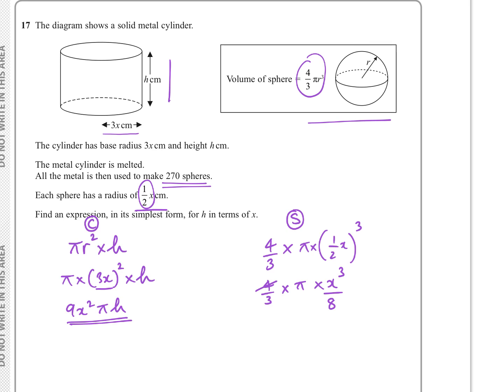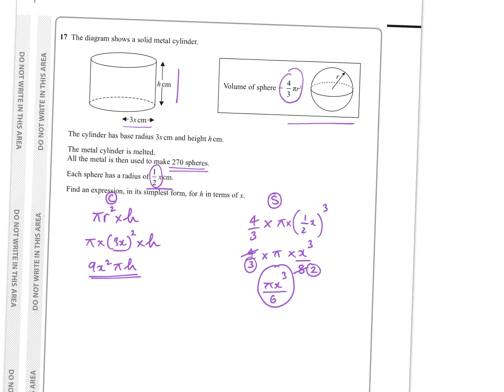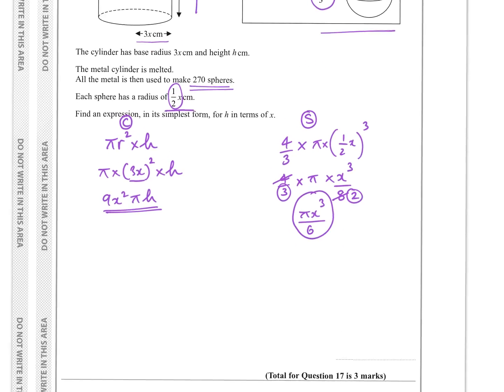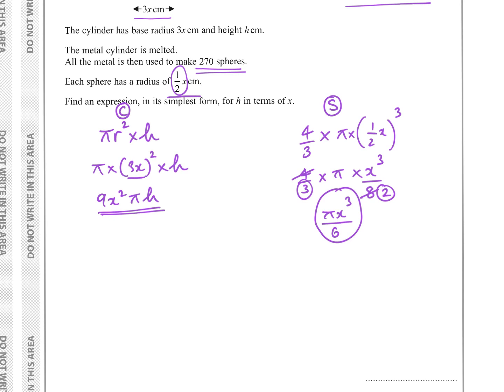A bit of cancellation here, so we're going to get pi x cubed over 6. And it says that 270 of those are made. So what we do know is that 9x squared pi h is equal to 270 of these tiny spheres.